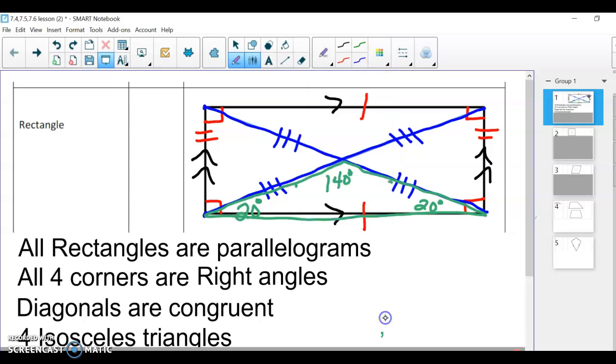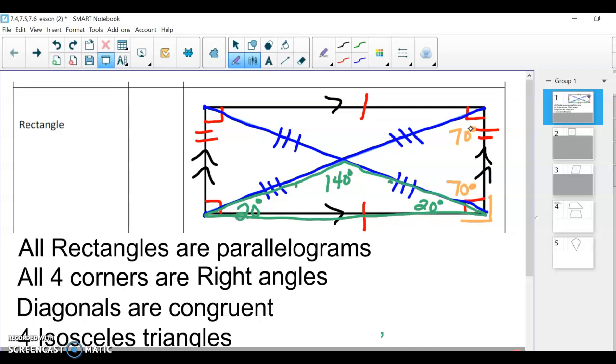All right, if this lower right corner is 20, we know the entire corner here is 90, so this would have to be a 70-degree angle. Okay, and then that would also mean that this angle is also 70.